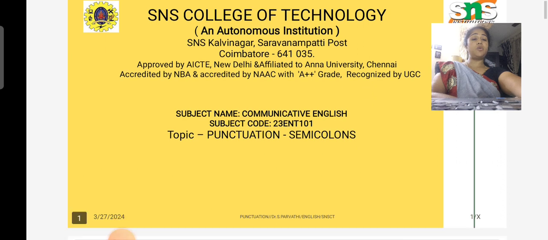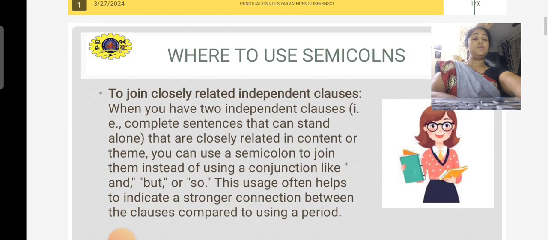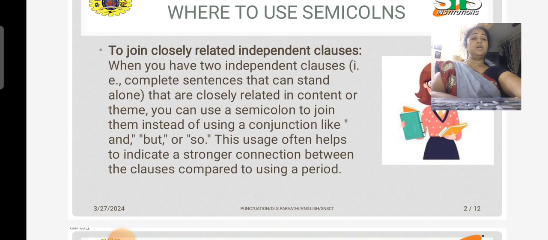It's called semicolons, where we use semicolons to join closely related independent clauses. When you have two independent clauses, we already know what an independent clause is: a complete sentence that can stand alone, that are closely related in content or theme.